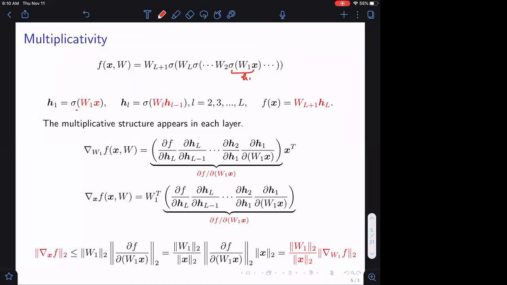You can do the same thing again: you take the data at the L minus 1 hidden layer, multiply the WL matrix on top of it, and apply the activation function. This gives you the data at the L-th hidden layer. You repeat this process until you get to the last layer, where the last set of neural network weights multiplies the last hidden layer, and that gives you the model function.